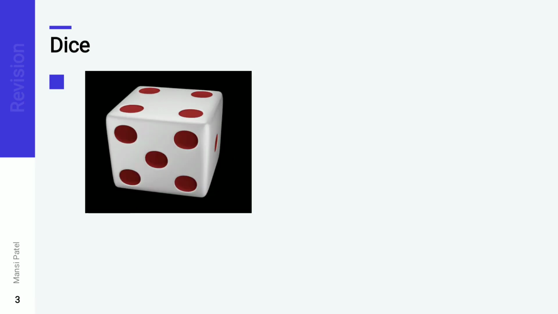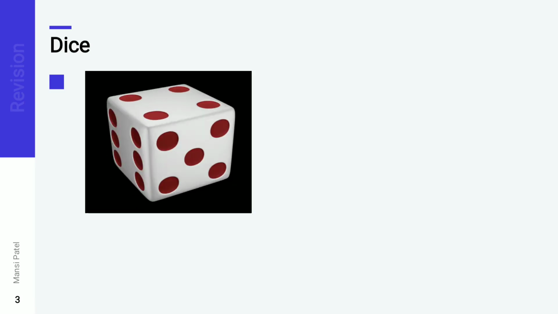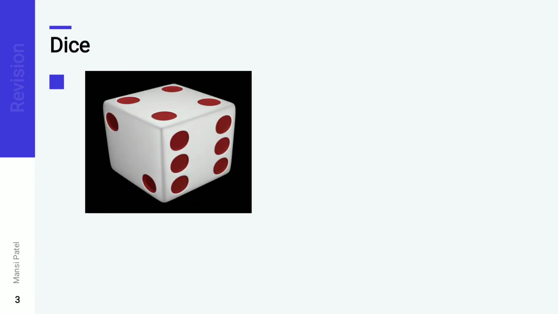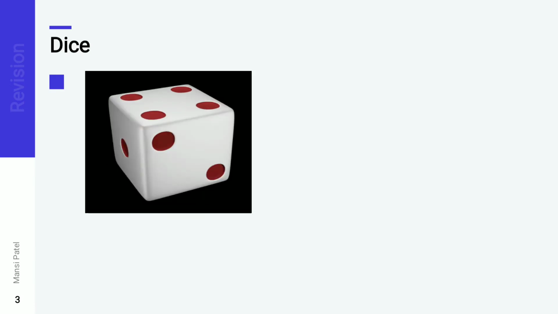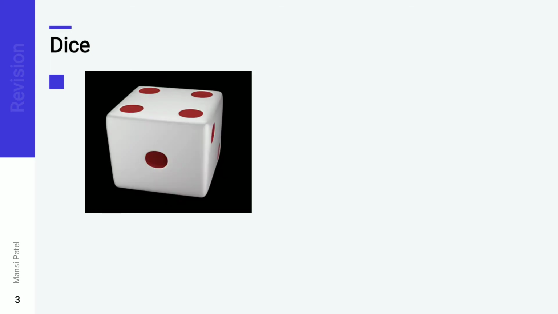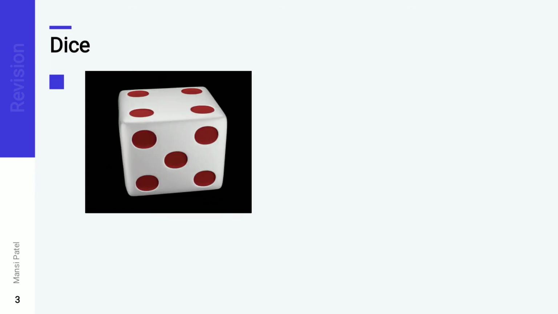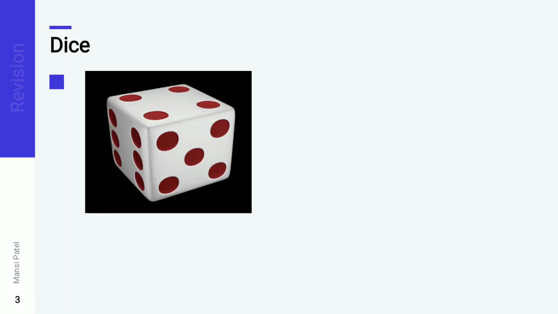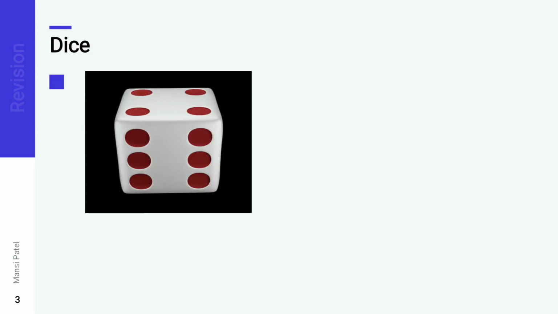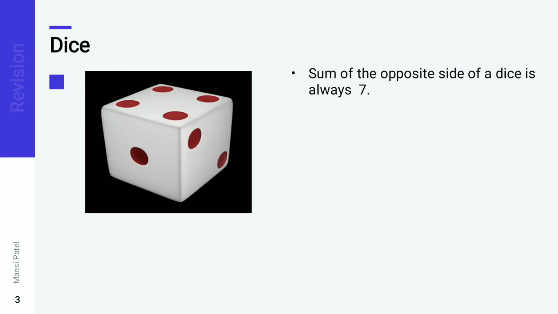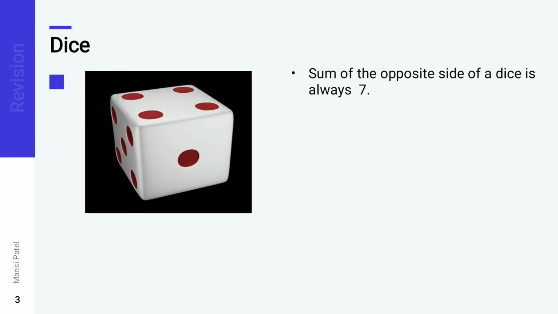If you see the opposite sides of the dice, then the sum of the two sides is always 7. So we can say that the sum of the opposite sides of the dice is 7.